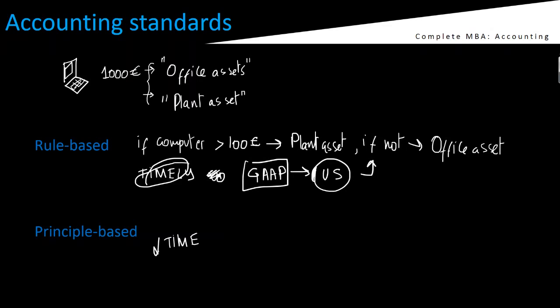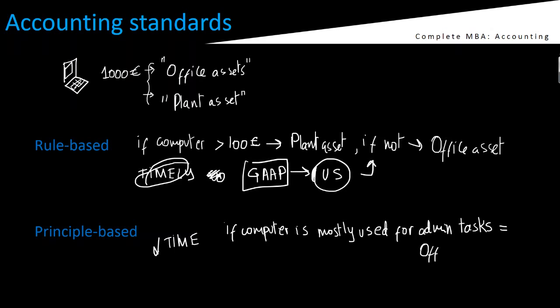To follow with the example, if rule-based says, if the computer is more than 100 euro, use it as a plant asset, if not, it is an office asset. A principle-based standard would say, for example, if the computer is mostly used for admin tasks, then it is an office asset.